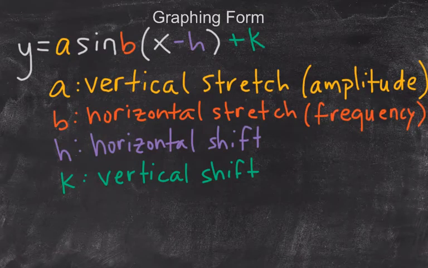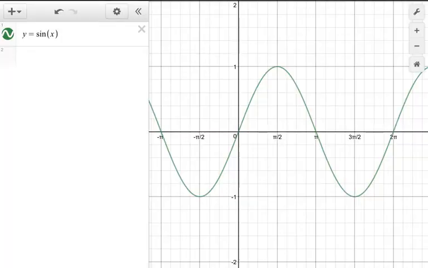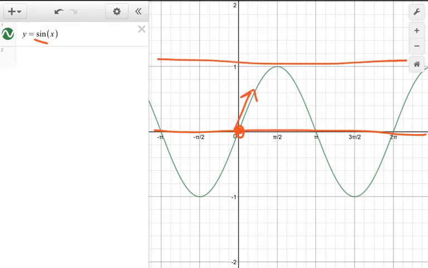So the next parameter we're looking at is horizontal shift. There's my parent function. We're looking at a sine curve. So sine has a y-intercept at the midline, and then it travels up, hits that maximum y value, and then goes back down and hits that minimum y value.